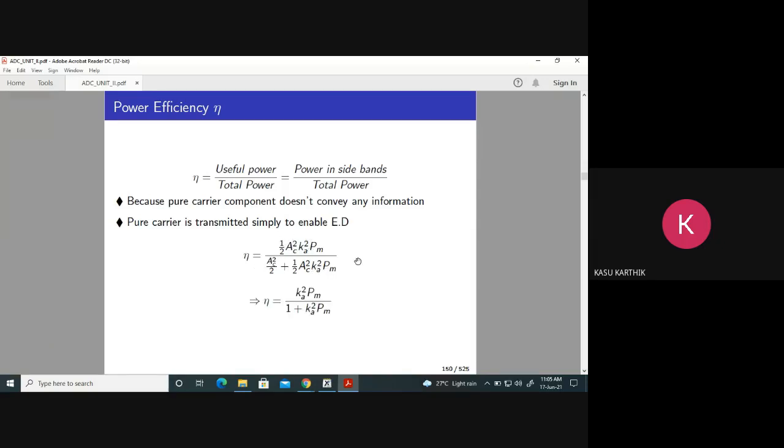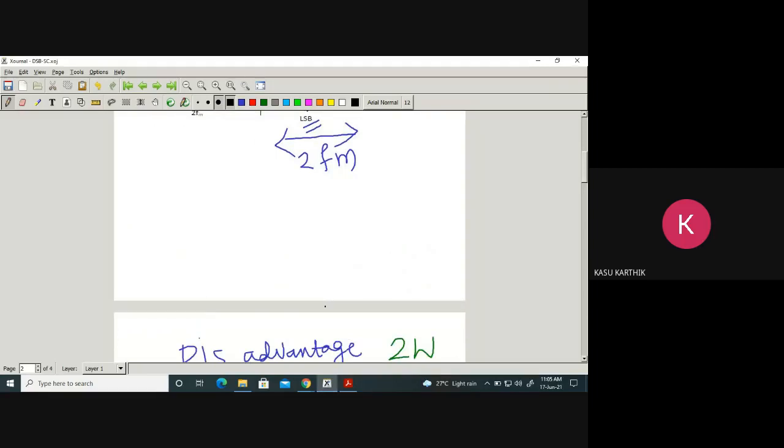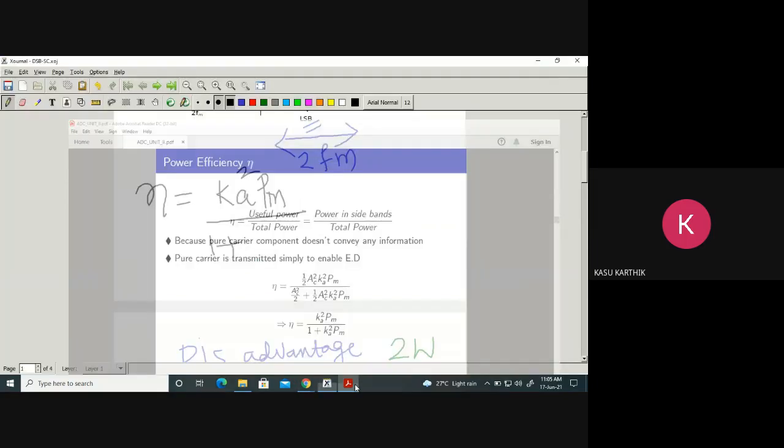If you do the calculations, this is what you get: Ka square into Pm by 1 plus Ka square Pm. So the power efficiency of AM is Ka square into Pm by 1 plus Ka square into Pm.